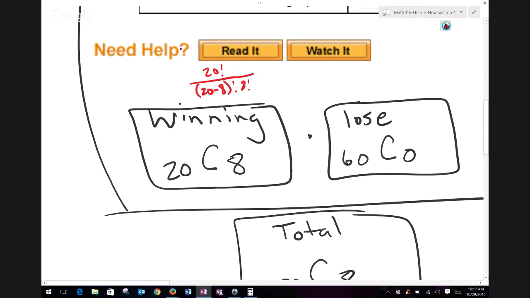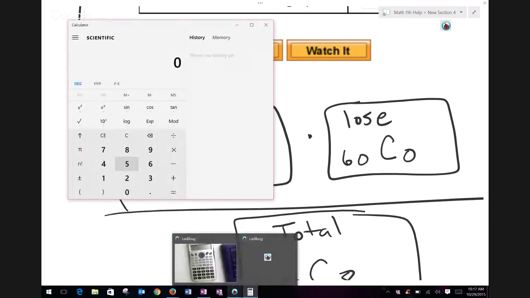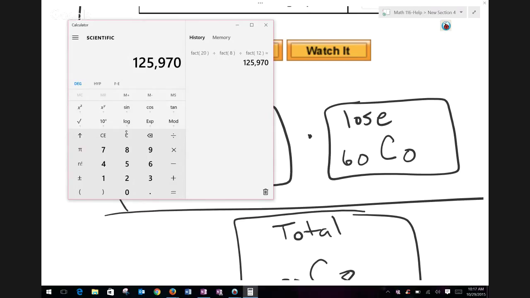Right, so you could plug this in a calculator, like your computer calculator. 20 factorial is just a huge number. Divide that by 8 factorial, divide that by 12 factorial, and we get a pretty decent number, but you can do it that way.